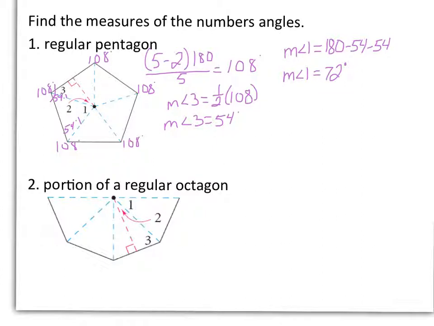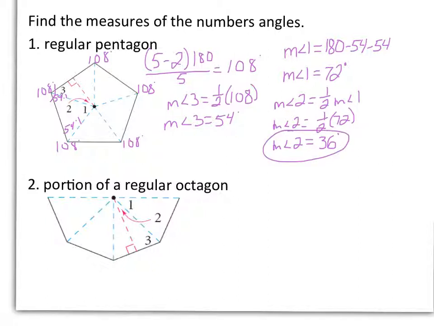And then finally, the measure of angle 2 is half the measure of angle 1. So measure of angle 2, in this case, is half of 72 degrees, or 36 degrees. Just circle our answers.